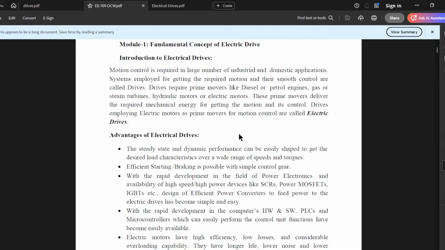So, introduction to electric drives. Guys, motion control, the same thing written in my notes. Motion control is required in a large number of industrial and domestic applications. As I have mentioned Edison and Tesla in my thumbnail, at the time of these two guys, the industrialization process was on a very steep, very high slope graph.